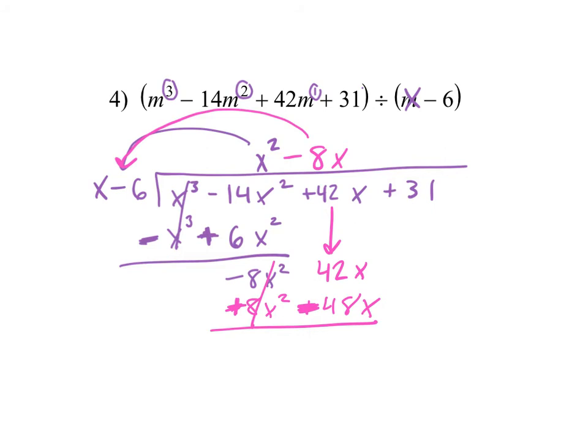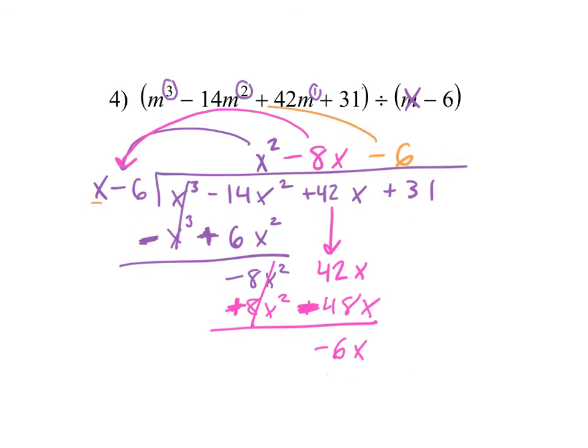Negative 6x. So again, what times x gives us negative 6x? So we divide. Negative 6. What do we do next?